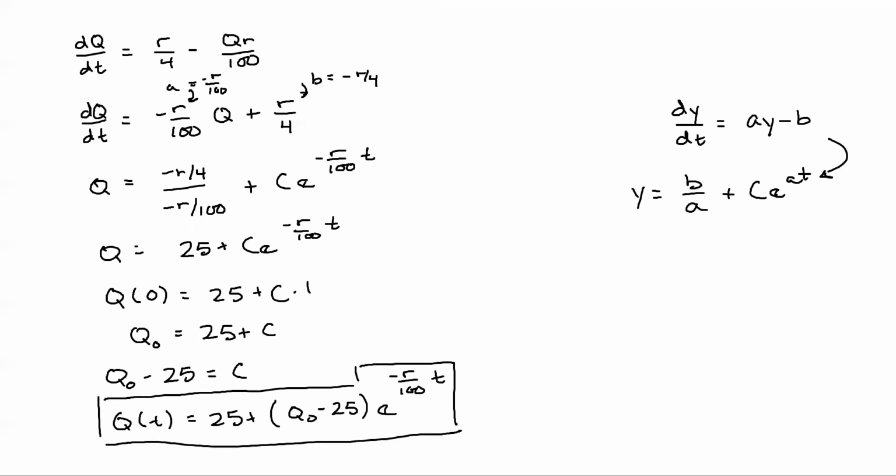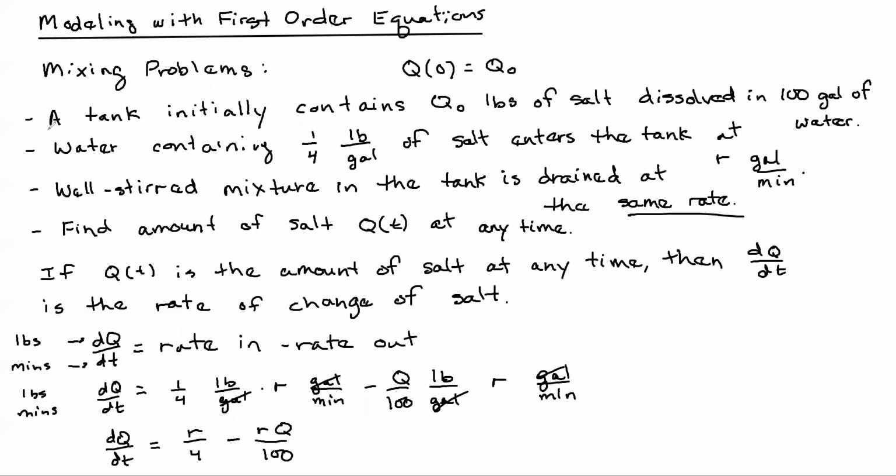Okay, if those were the only questions, that was the only goal of the problem, then we would be done. If they give you a problem that looks like this, and it just has these parts, you have an initial condition, some quantity coming in, a quantity going out, and they ask you to find the quantity at any time, then this is the way that you do a mixing problem.